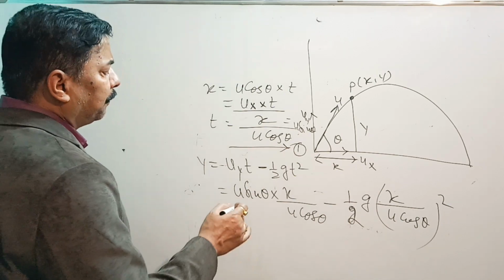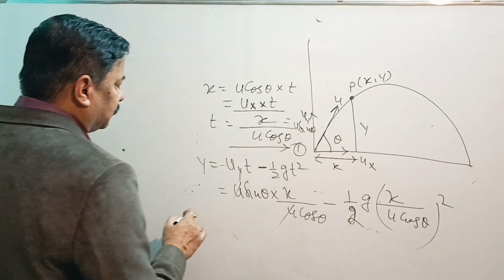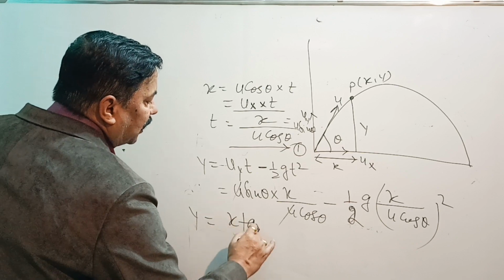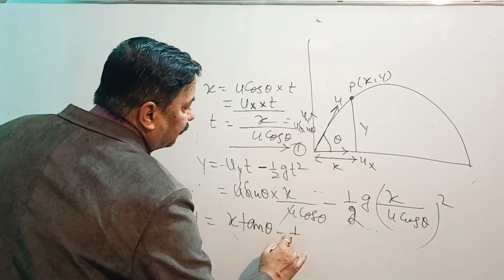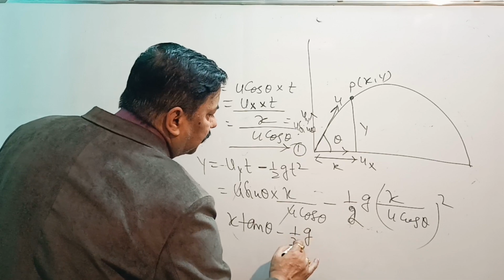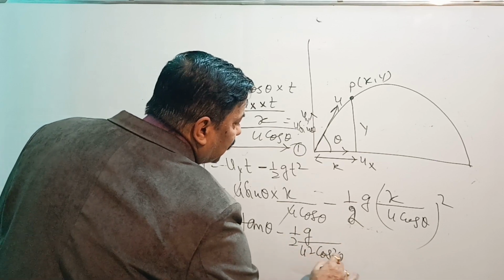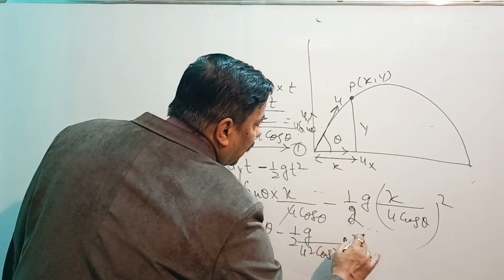So what are we getting? U will cancel. We are getting y is equal to x tan theta minus half g by u square cos square theta into x square.